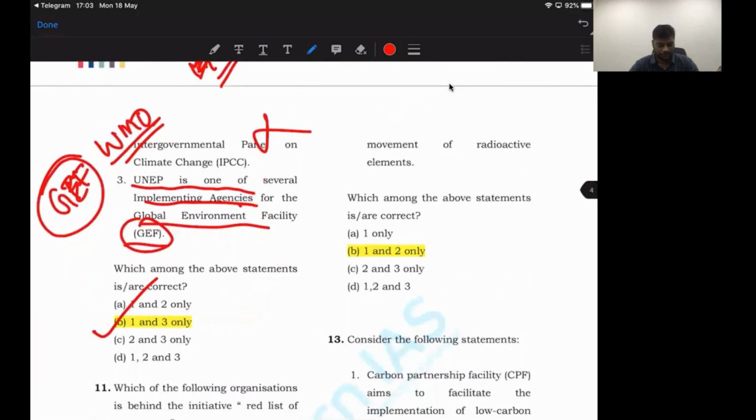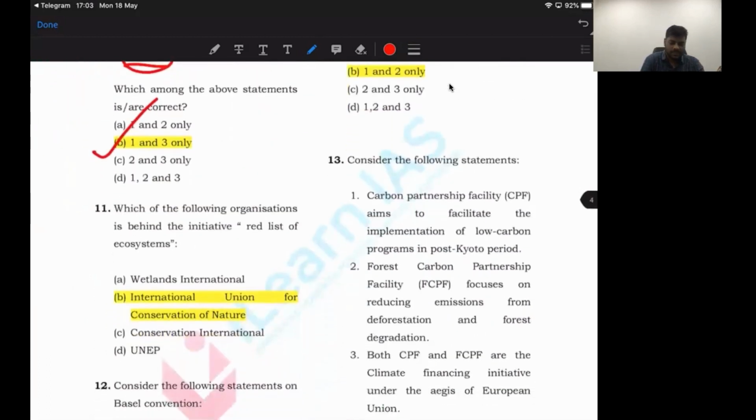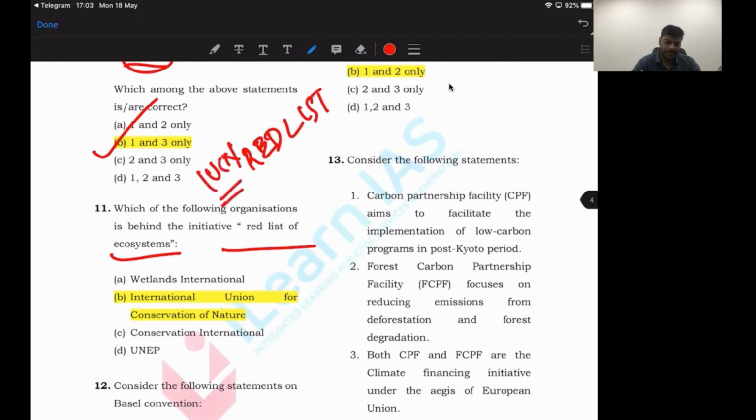Then going with the 11th one, which of the following organizations is behind the initiative of the Red List of Ecosystems? And you know who is behind the Red List of Species? IUCN, right? So the very same IUCN is behind the formation of the Red List of Ecosystems. IUCN is also preparing a Green List of ecosystems which shows the healthy ecosystems which are in good health.